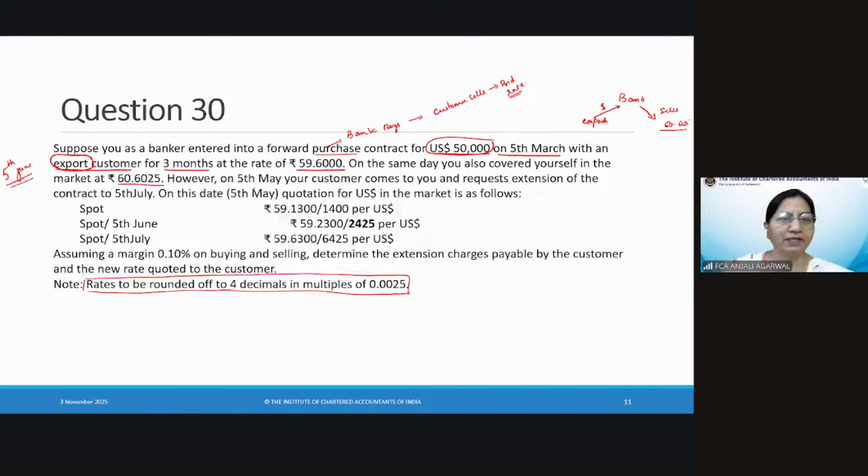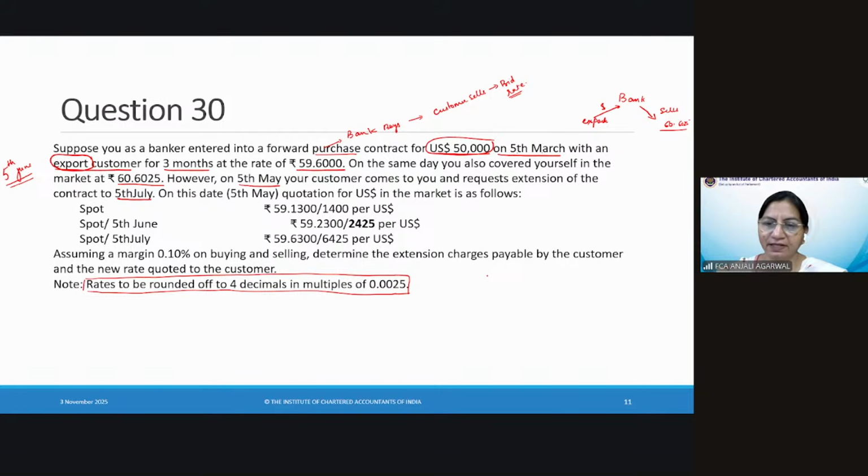But what happened is, on 5th May, the customer comes to you 1 month prior. So whatever he is requesting, he is not requesting on the due date. He is requesting on a date prior to the due date. 1 month prior, that is on 5th May. The customer comes to you and he requests extension of the contract to 5th July.